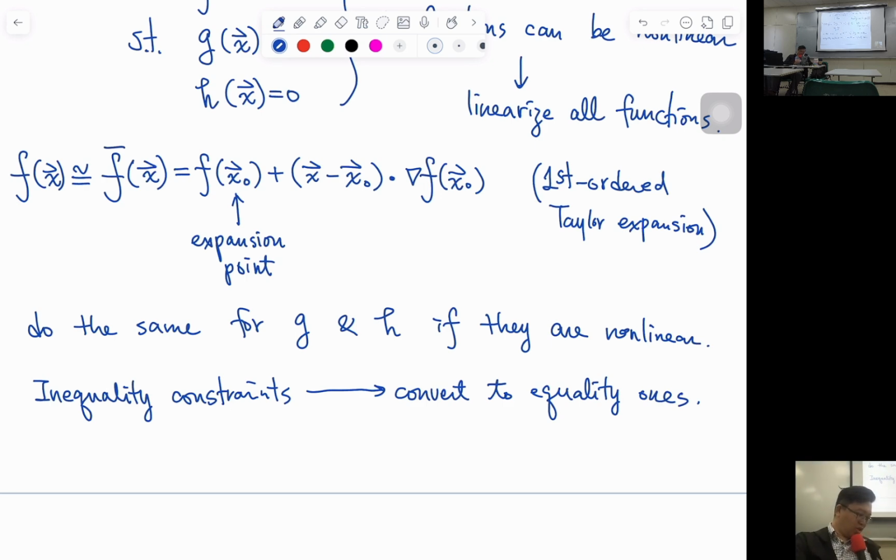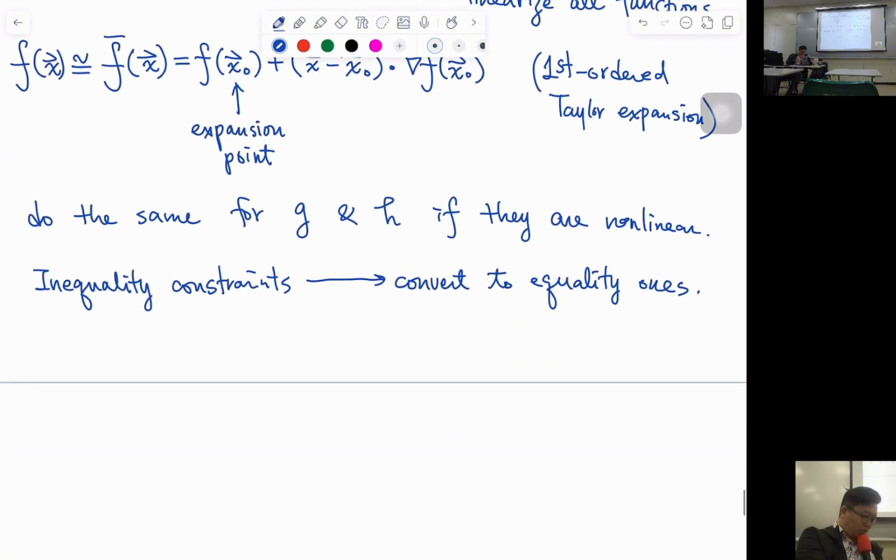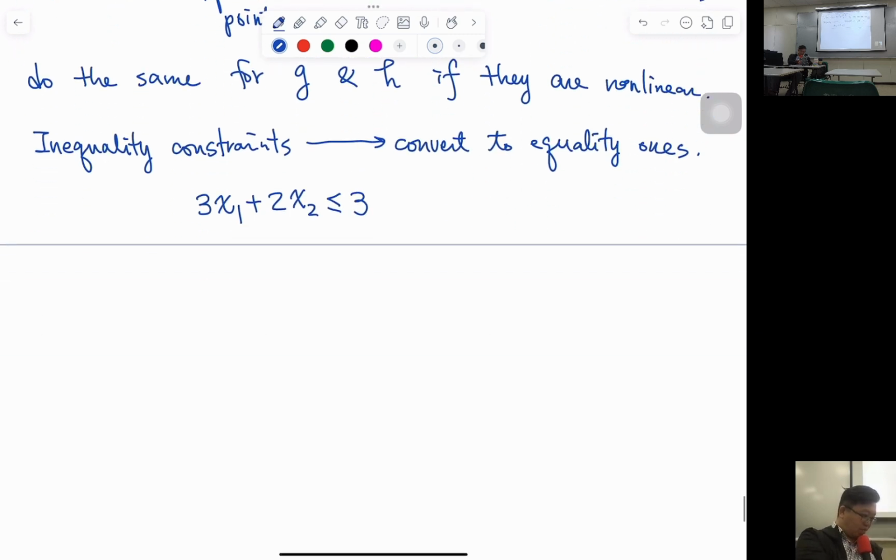Here's one example: 3x1 plus 2x2 has to be smaller than 3. And another example is 3x1 plus 2x2 must be larger than 3. Just 2 examples. So how do we convert them?